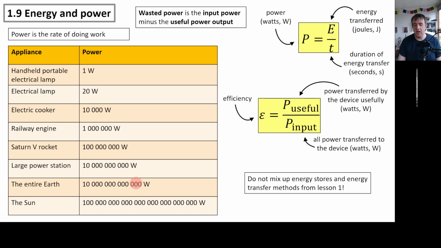So here we have the reason for it. If this is watts, then 3 zeros would be kilowatts, then it would be kilo, mega, giga, tera. This is 10 terawatts. It's very quick and easy to work out the order of magnitude. So here we go, kilo, mega, giga, tera. What comes after tera?